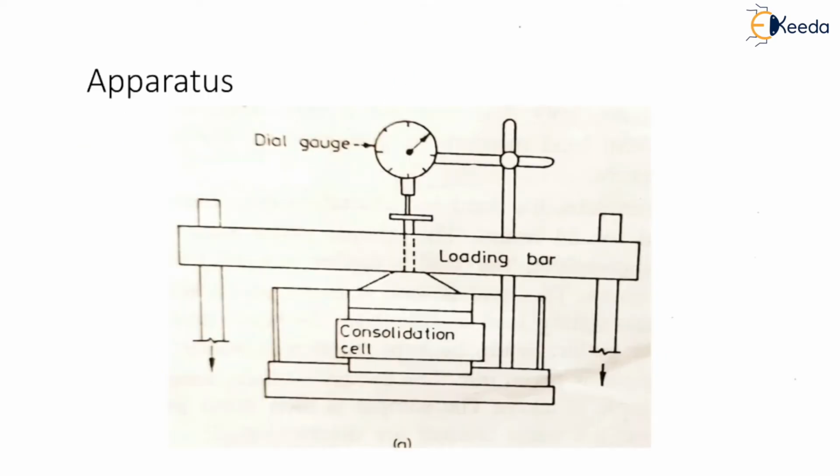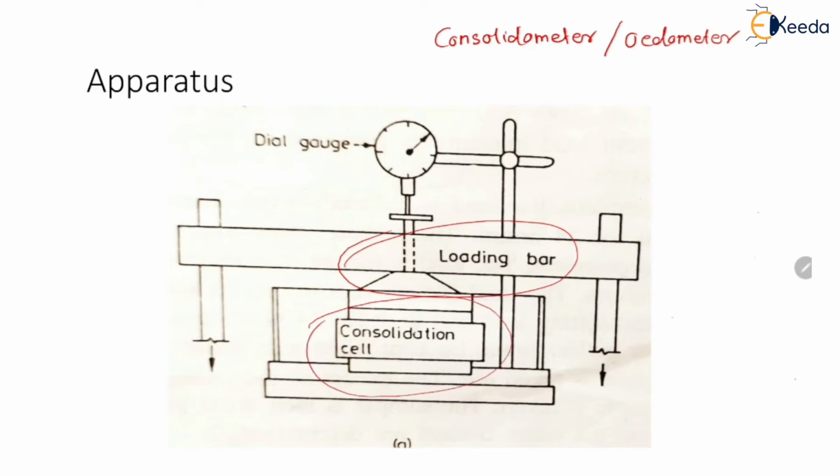Let us discuss the procedure for the consolidation test in detail. The apparatus used for the consolidation test is called a consolidometer or oedometer. It consists of a loading unit and also a cylindrical cell which is called the consolidation cell.